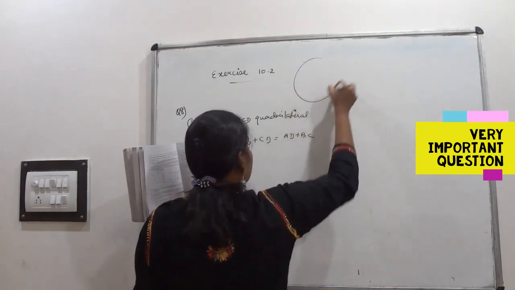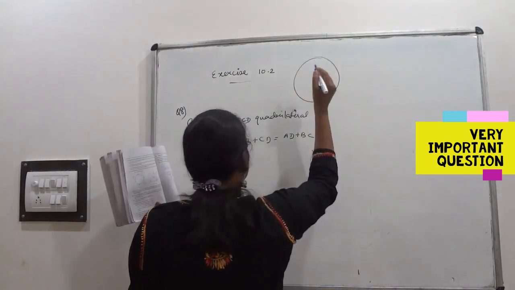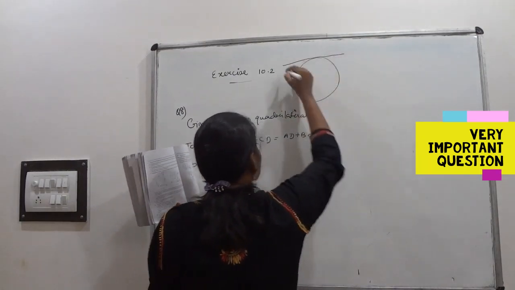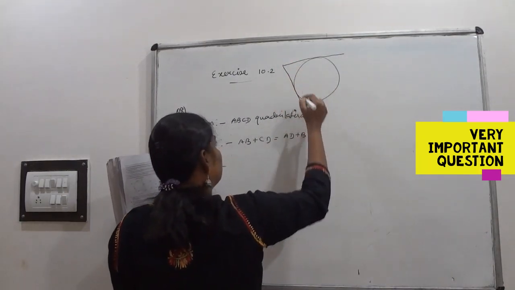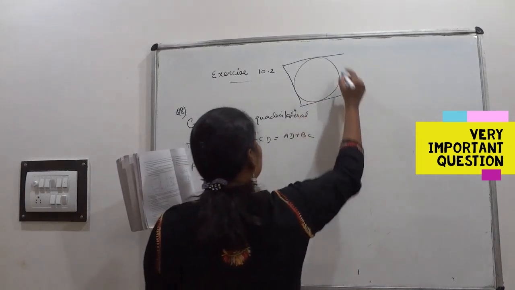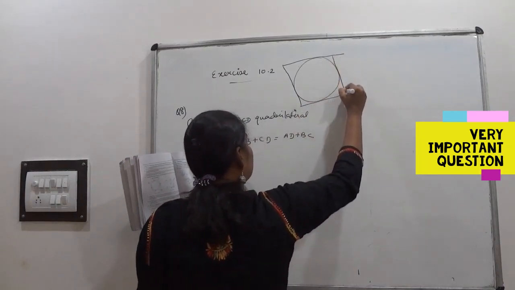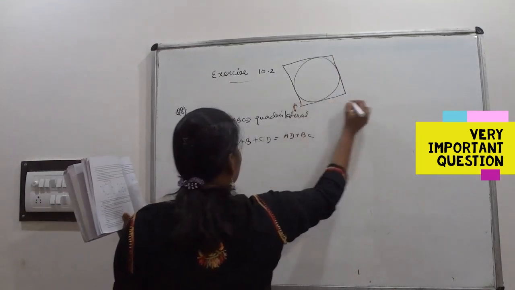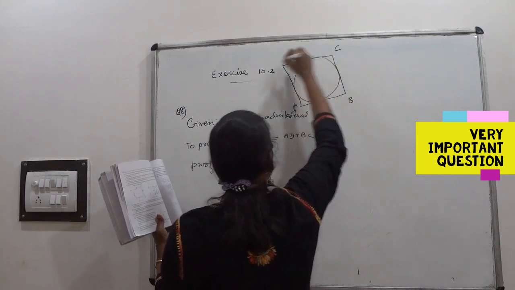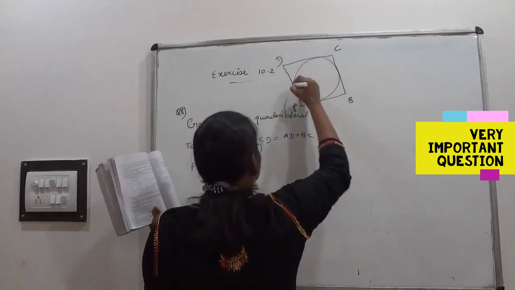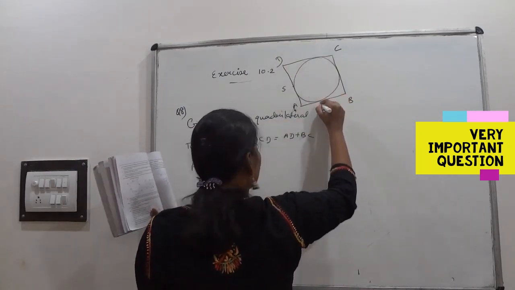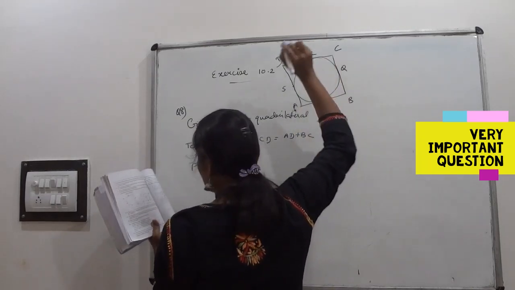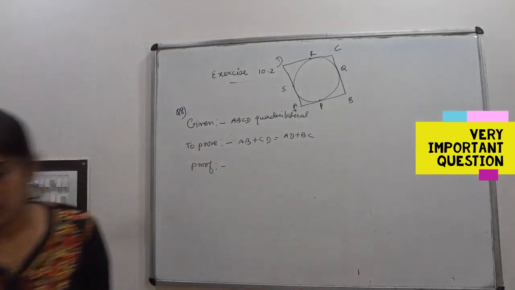I am doing the figure here. A, B, C, D, this is S, this is P, this is Q, this is R. This is given figure.